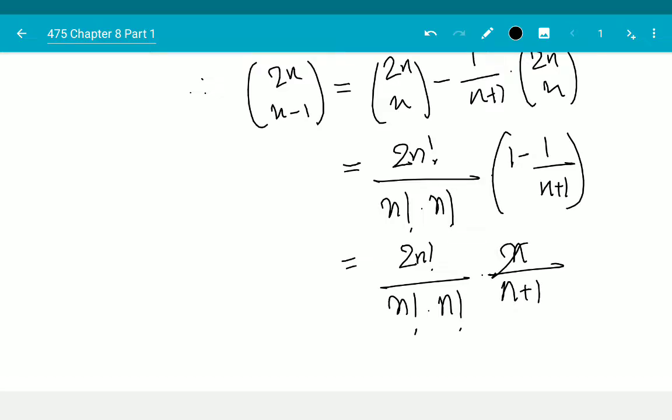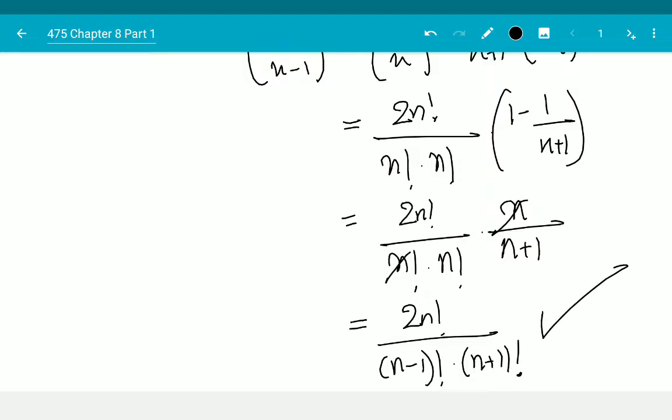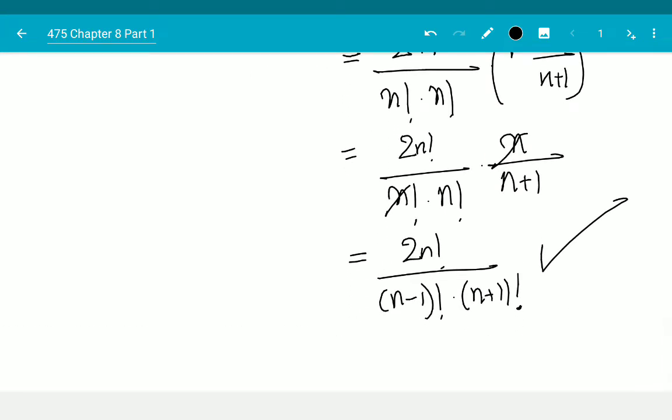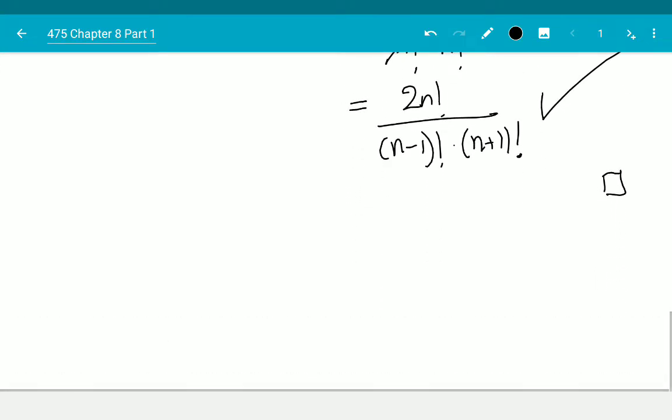I'll cancel this n with the n here, and so this is 2n factorial over n minus 1 factorial times n plus 1 factorial, and that checks out, right? So that is my lemma, that they are exactly equal to 2n choose n minus 2n choose n minus 1.